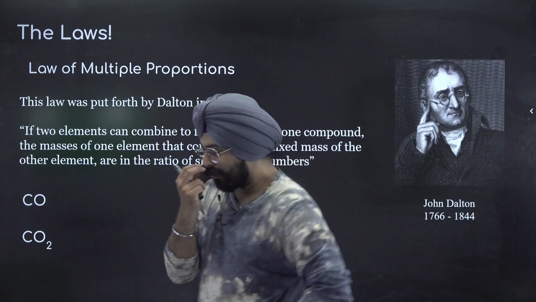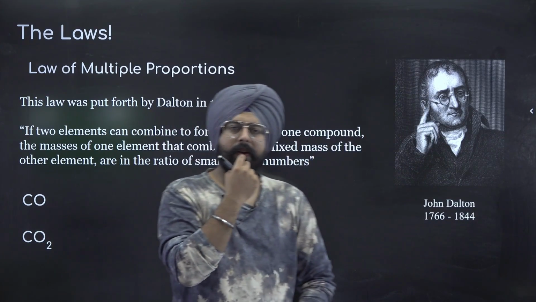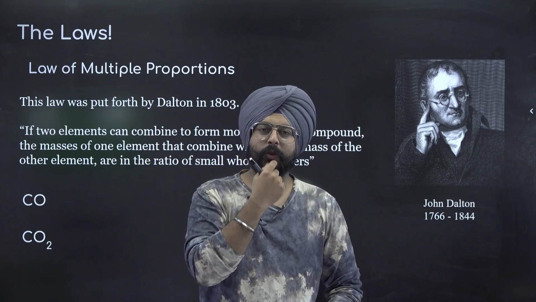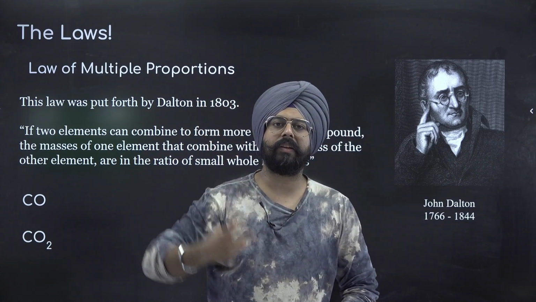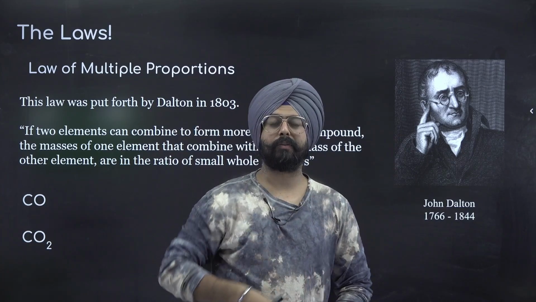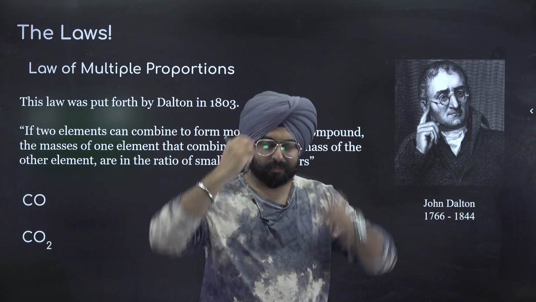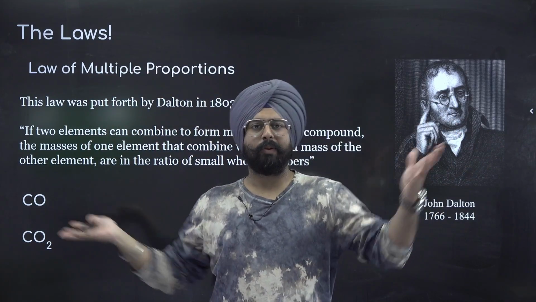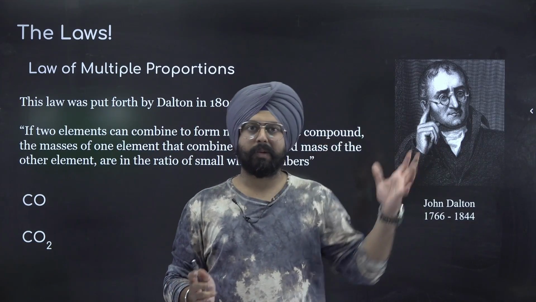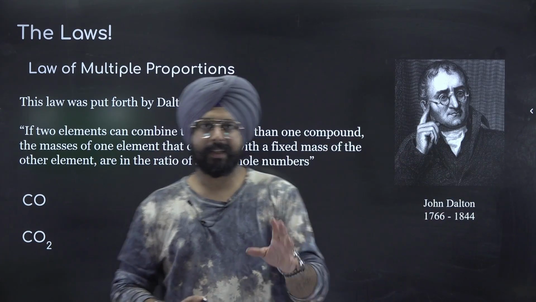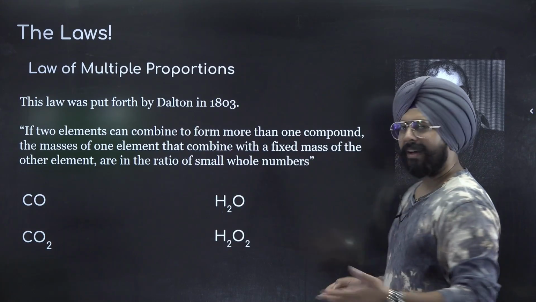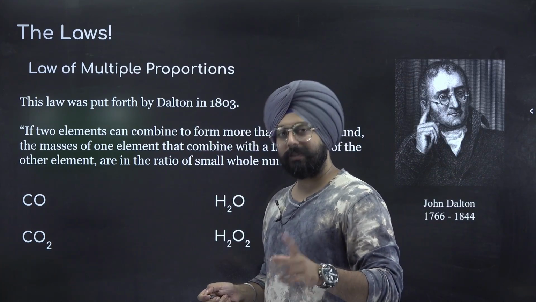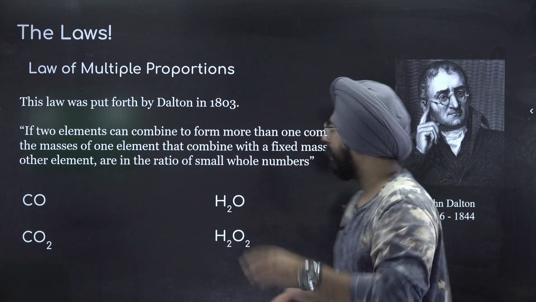And then Dalton was thinking, oh, they combine in whole number ratios because atoms are combining with each other. That's when he thought of an atom. It's such a mind-blowing idea if you think about it from the perspective of Dalton. So these things might look like, yes brother, it would obviously be like this. This is very obvious. Think from their perspective if you can.